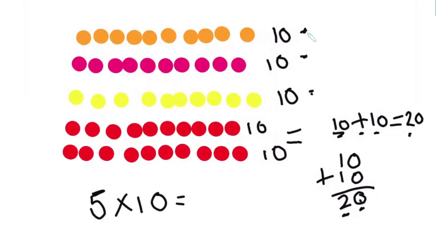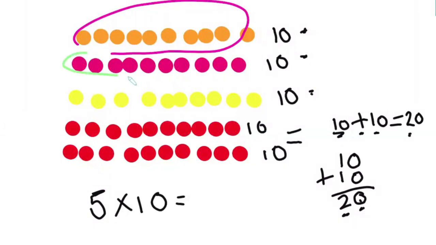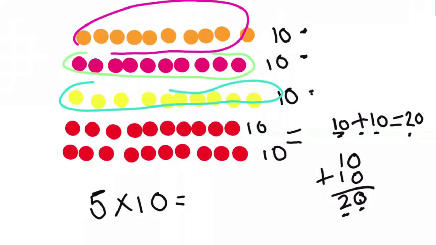Let's count in tens to help us out. Are you ready? I'm just going to change the colour of my pen to a nice pink one. So we've got 10. We've got 20. We've got 30. We've got 40.